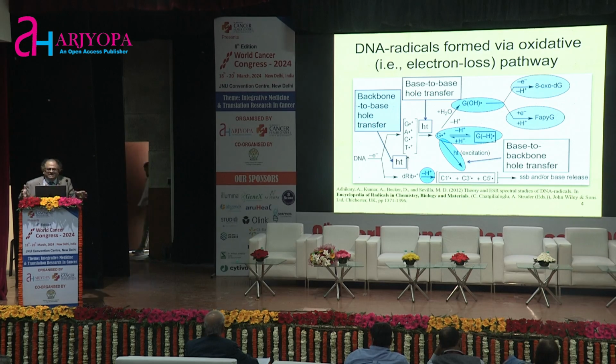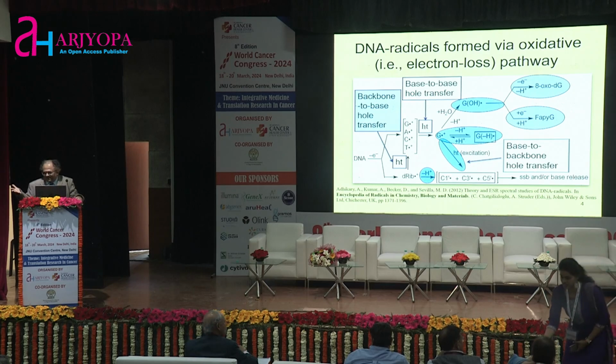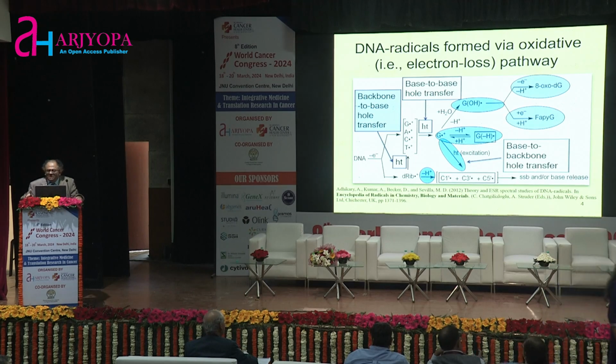As you can see, when guanine cation radical is formed, it is either a Lewis acid or a Bronsted acid. What we know about acids is that they lose protons, right? So the guanine cation radical, just like an acid, will lose a proton and form the neutral radical or its conjugate base.